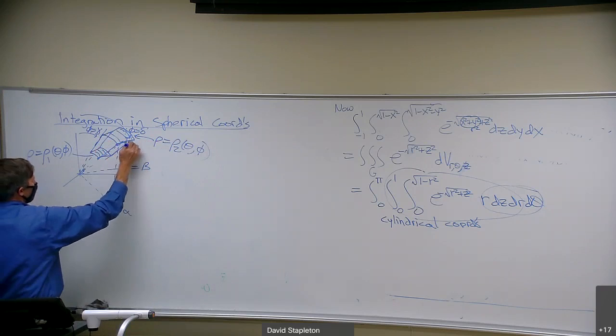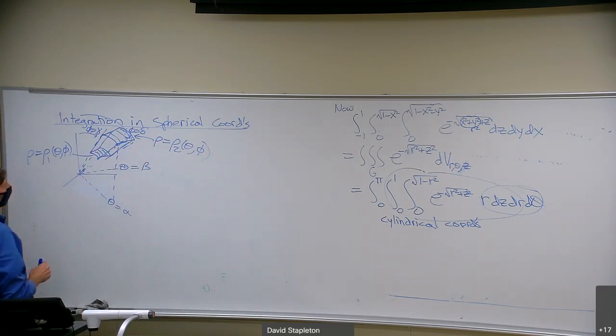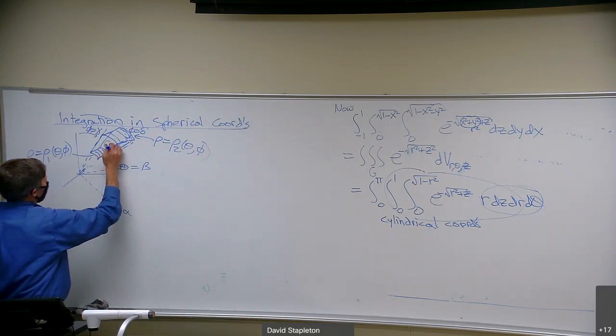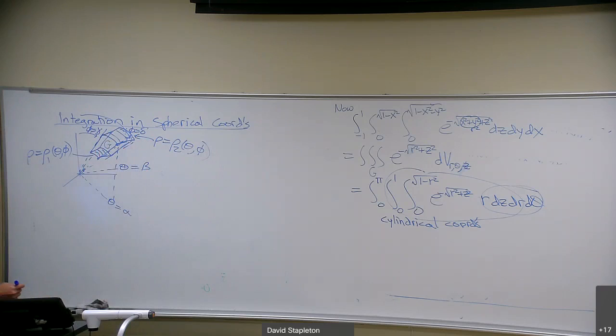And that's why you get these straight edges here. And this is your solid G. Has to look like that. If you make a solid like that, then you can integrate it in spherical coordinates.